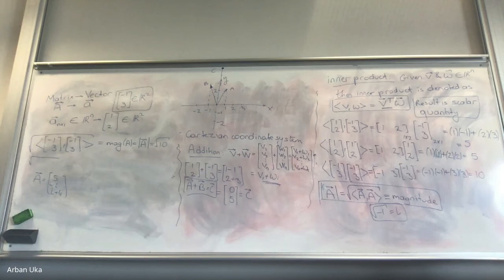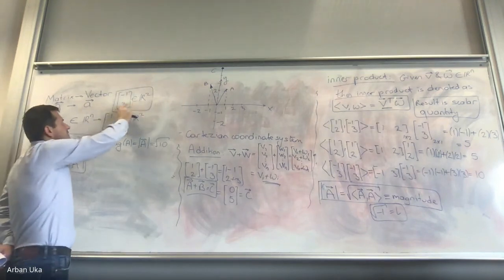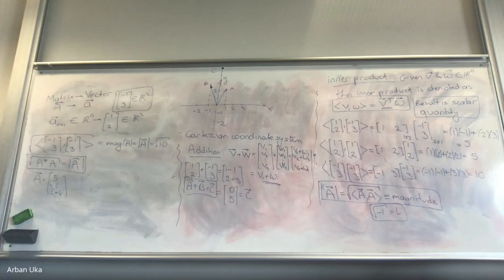If we want to find the magnitude of this vector, all we do is multiply the complex conjugate of this vector with itself, square root. This would be the magnitude of any vector, which is not only real numbers, but also complex numbers. So far, we are considering that these vectors are subsets of R squared, but they can also be complex numbers.